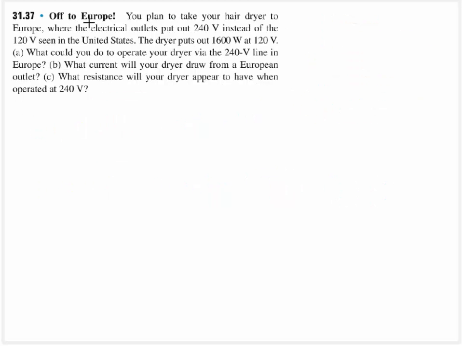And lastly, let's take a quick little trip over to Europe, where all of their outlets run at 240 volts as opposed to the 120 volts that we typically have in the US. Well, we're asked, what can we do to operate this dryer on the 240 volt line? Well, we know we're going to have some initial voltage of 120 volts, and we want to make this operate on a 240 volt circuit.